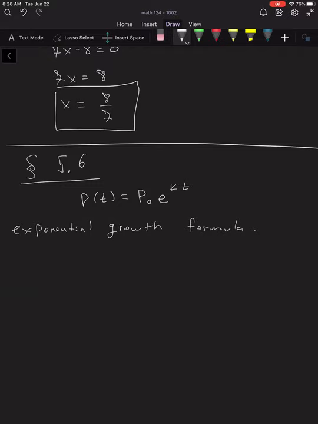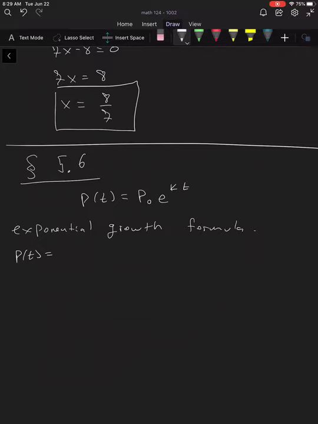And so these variables above, first, what does P of t mean? We're talking about exponential growth. When we mean growth, maybe like a growth of bacteria or something, or the growth of a population.